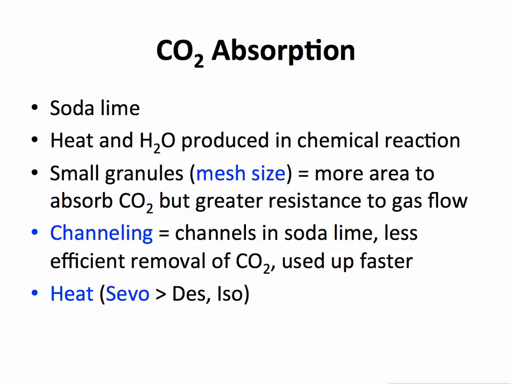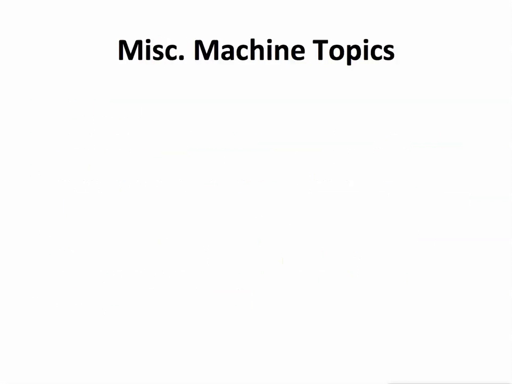Channeling refers to when you can get channels in the soda lime, like open passageways, and the gas can preferentially go down those channels and you have less efficient removal of carbon dioxide. And as we previously mentioned, heat is an issue, especially with sevoflurane. High temperatures can occur in the CO2 absorber.